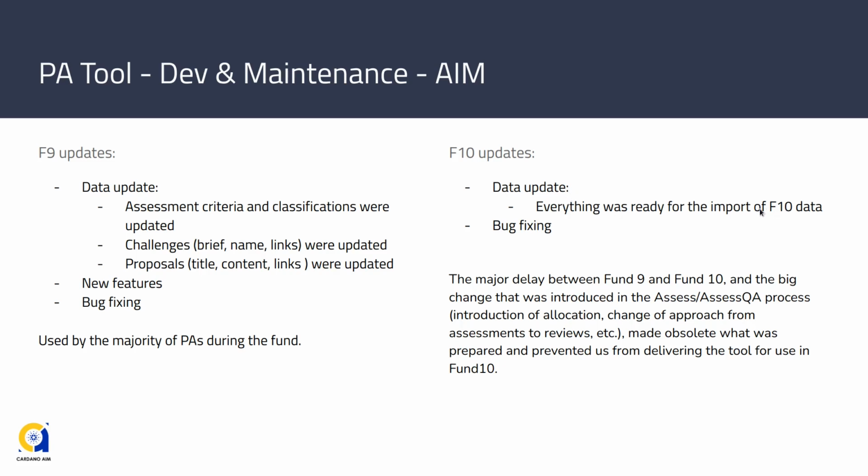These changes made the tool obsolete, as the major part of the features became useless and prevented us from deploying the tool for use in Fund 10. Everything was ready and prepared, but unfortunately it wasn't possible to publish the tool for community use.